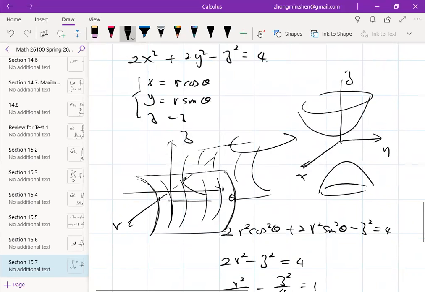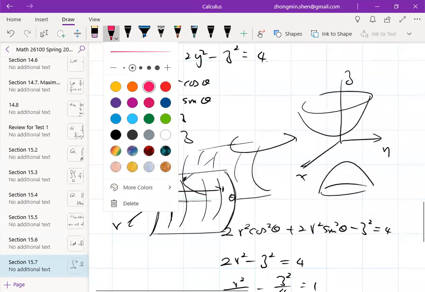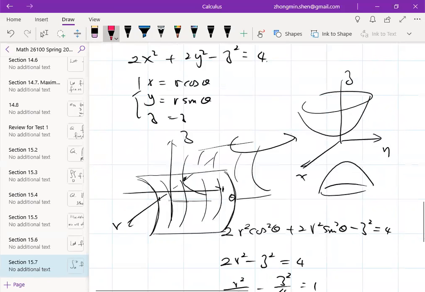It's harder to see. The idea is which curve goes to where. Let me draw the curve.